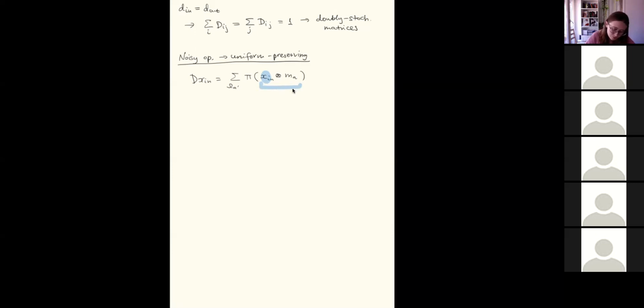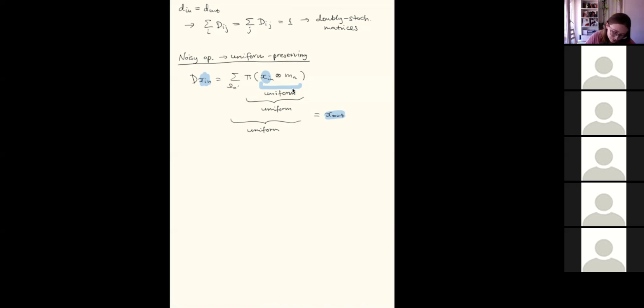So this is all uniform state. And no matter how we permute this uniform state, we'll still get a uniform state. So this is also uniform. And then whatever subsystem we trace out of this uniform state, we'll still get a uniform state. So inputting the uniform state, we output the uniform state. So hence, every noisy classical operation is uniform preserving.